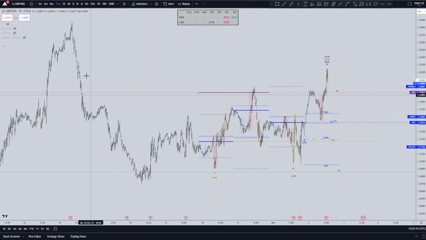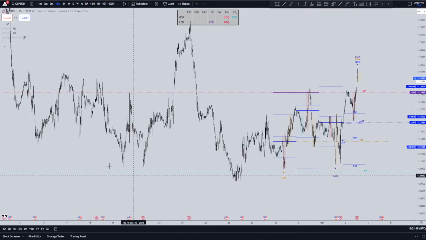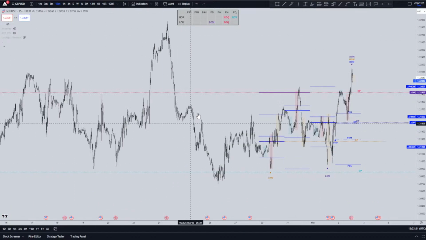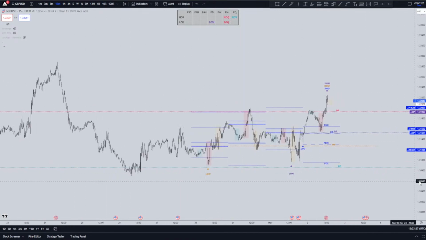Maybe this is the daily range, structural range, like liquidity daily up and daily down, and then maybe weekly candle expansion.